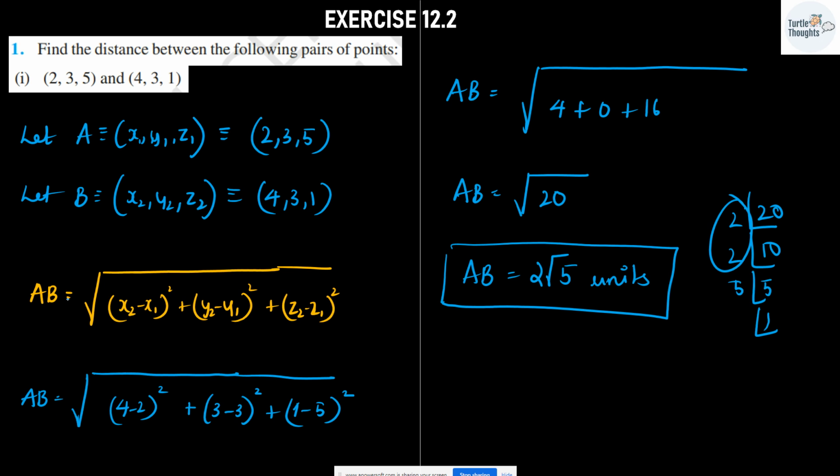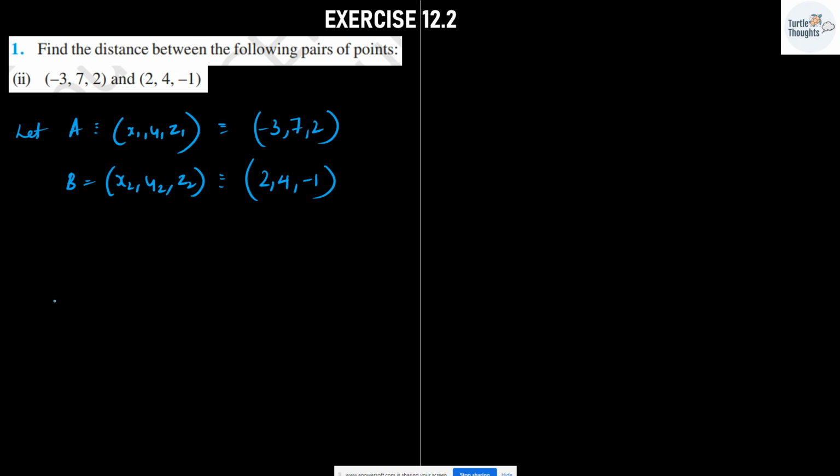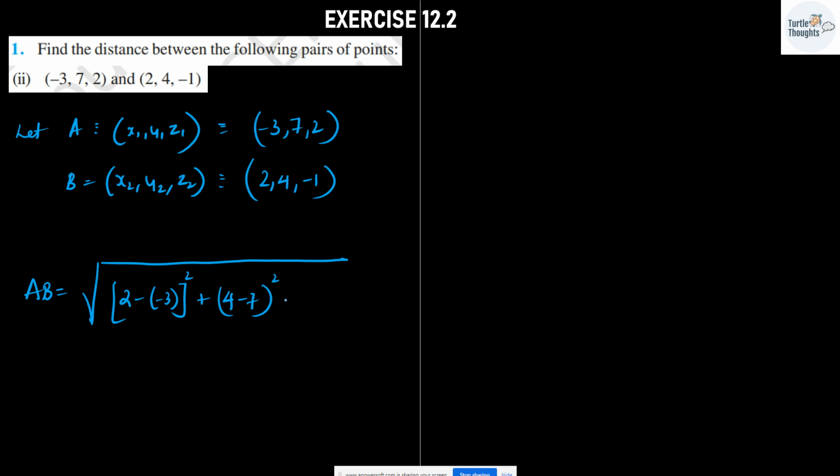You can use the same distance formula to find out the distance between the 2 points AB. Here I am not going to repeat the formula, rather I am going to write it directly. So I can take x2 minus x1. This will be 2 minus of minus 3 whole square plus 4 minus 7 whole square plus minus 1 minus 2 whole square.